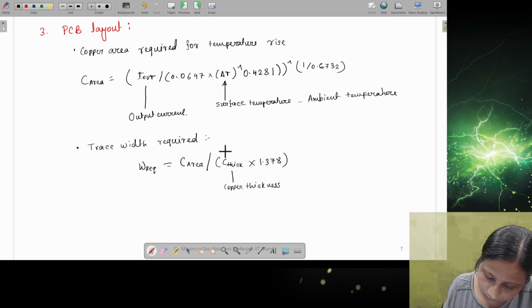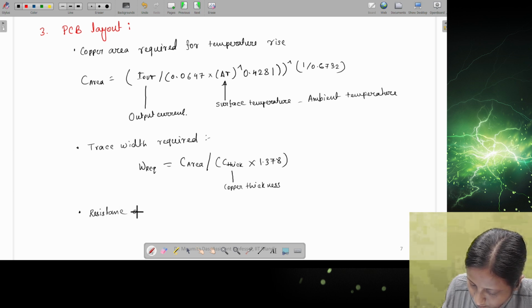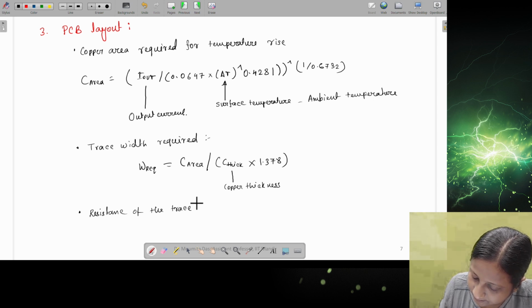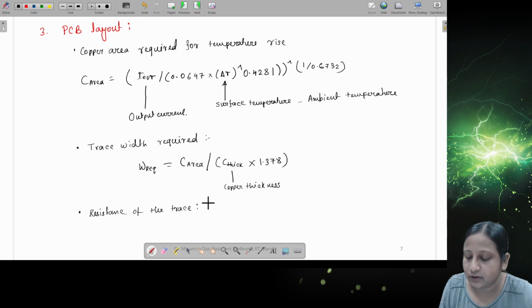Now the resistance of the trace can also be calculated. Whenever we have any trace of any length, anywhere, there will be resistance associated with it.